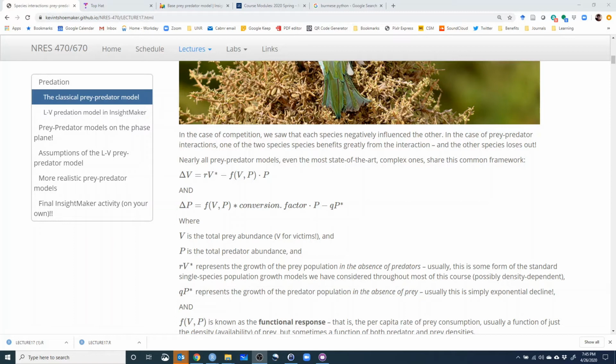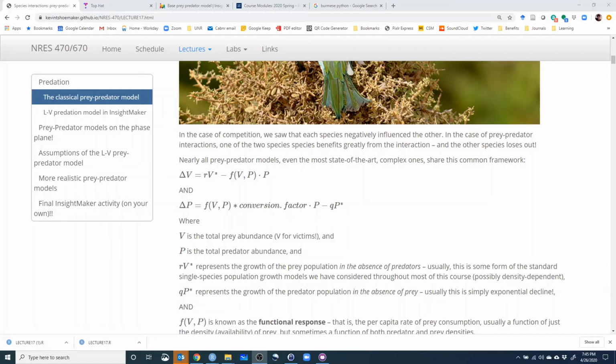Let's define some terms. V here represents the prey, and we can make that association with V for victim. So V is the victims or the prey. We can't use P because P is reserved for the predators. So delta V means the change in the prey population size, and delta P represents the change in the predator population size.